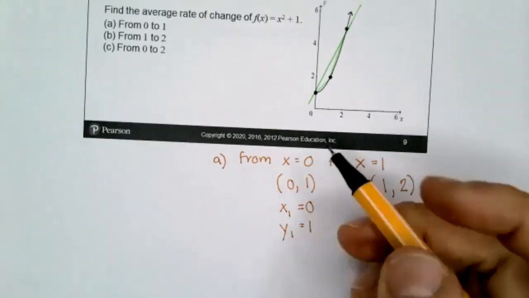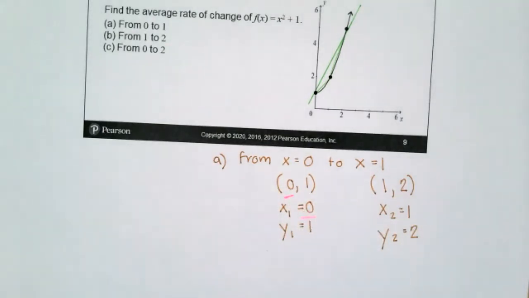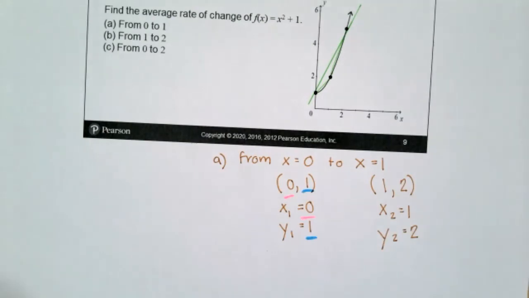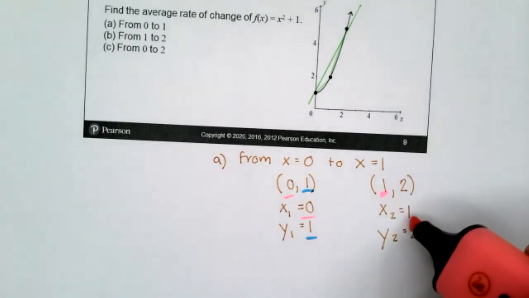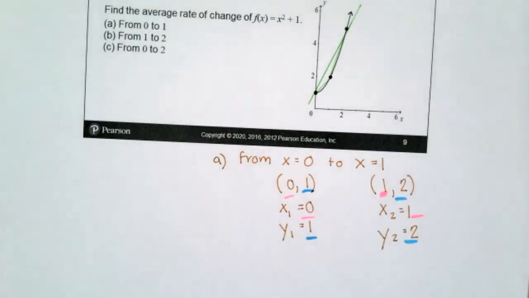Is that okay? I just took those 2 points and labeled them. This is my first one, so it gets the sub 1. This is my second one, so it gets the sub 2. And then I put them into that equation.